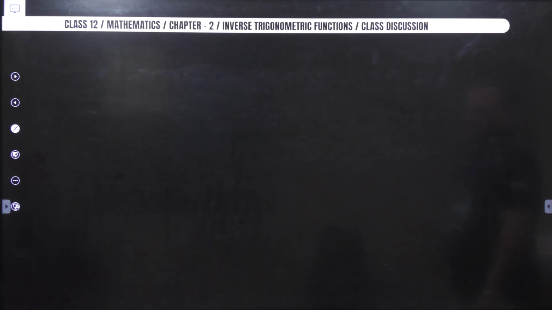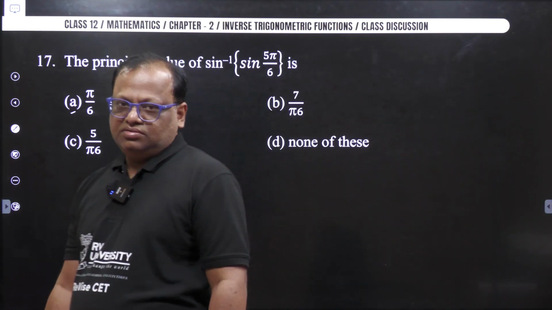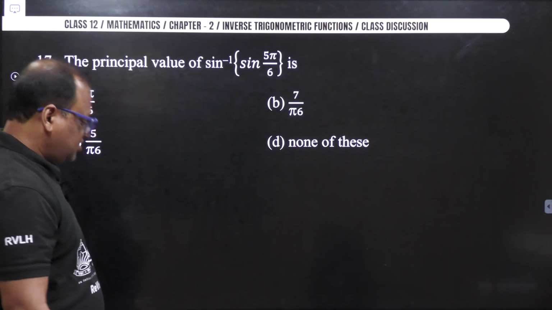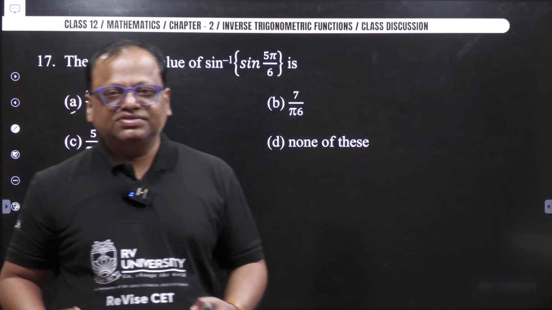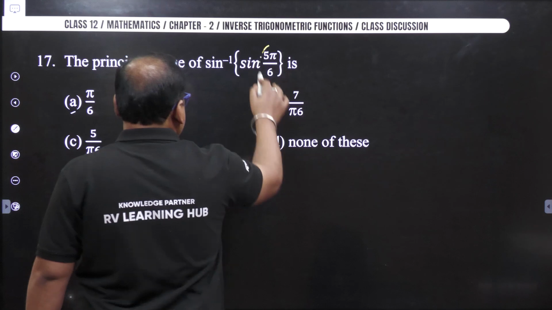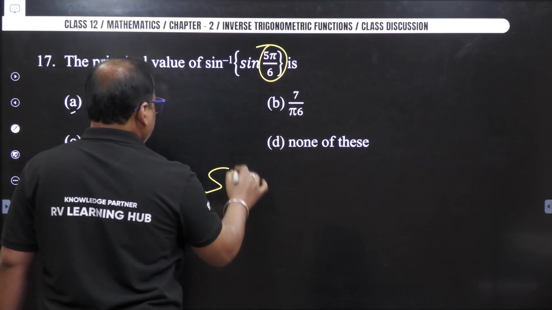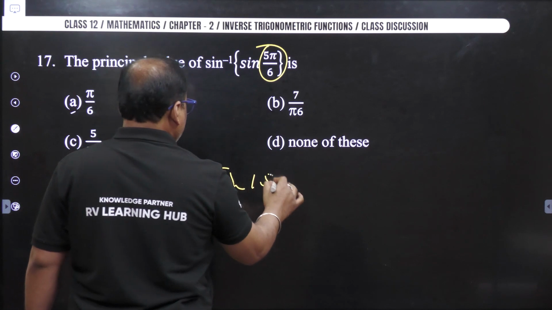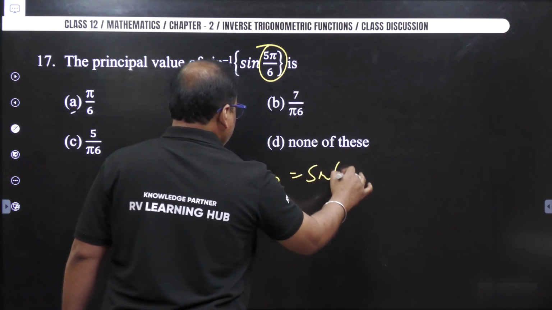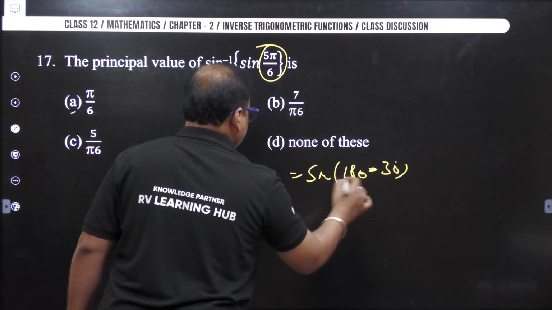Same thing. Again, one more important question. I say this is important because these are the things which are there in the syllabus. That's why. 5 pi by 6. What is 5 pi by 6? 150 degree. 150 degree can be written as sine of 180 minus 30, 180 minus 30 degree.